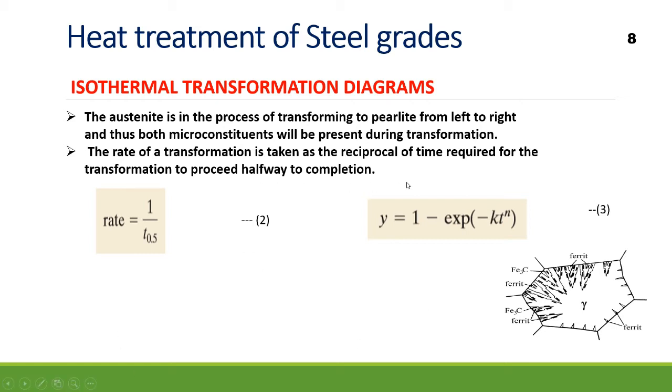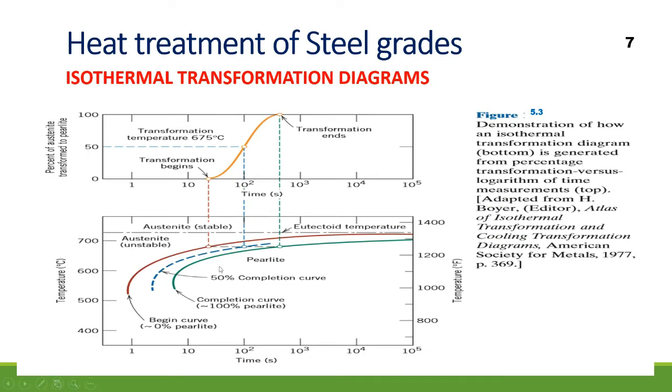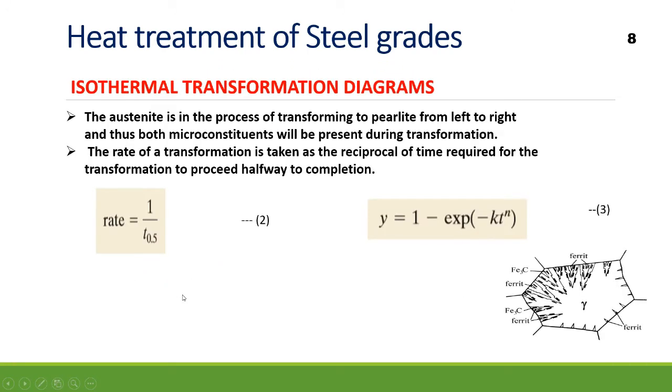This is designated by this dotted line, this blue line. It is giving the 50% completion, and the rate is given by 1 by t half. So let's see what it means. The time required for each temperature to start the transformation, as we know that it takes some time. The other is for the transformation conclusion.